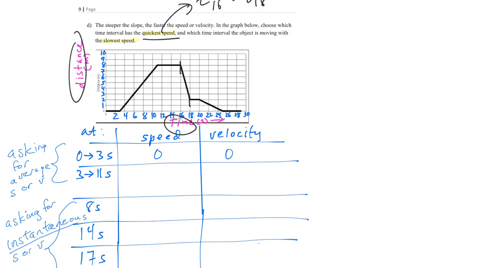Where's he moving the slowest? Well, you're not going to say 18 to 20 right there because he's not even moving. That's where his speed is zero. Okay, so you pick the slope that's the less steep. So right there, the slowest speed would be a time of 20 to 25 seconds.